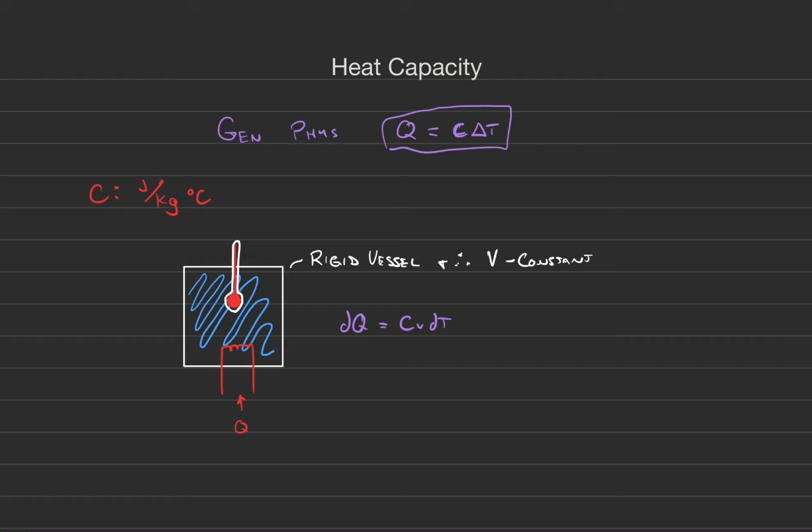But a fluid's heat capacity is usually a function of temperature. So when you look up the heat capacity of, let's say, water or steam, water vapor, you'll find that the heat capacities are given as functions of temperature.